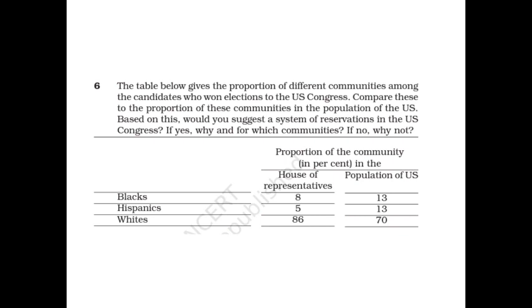In the House of Representatives, it's blacks 8 percent, Hispanics 5 percent, whites 86 percent. In the population of the US, it's blacks 13, Hispanics 13, and whites 70.